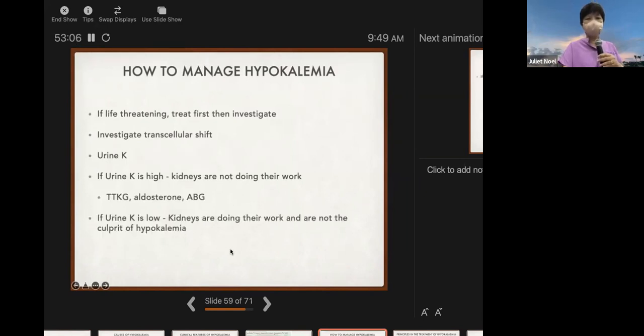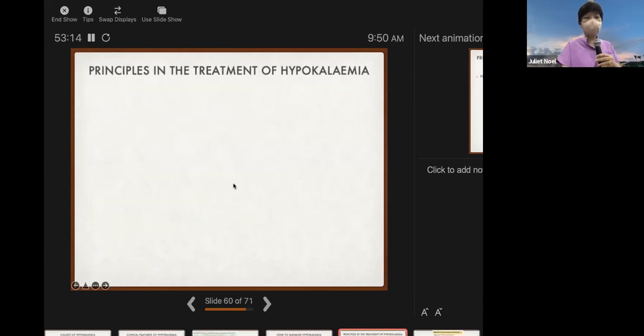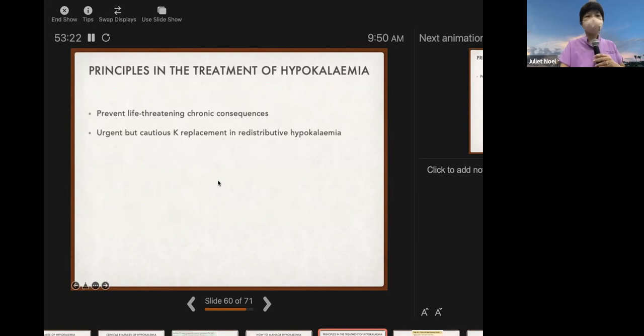If urine potassium is low, the kidney is working, so it's not the cause. You also prevent life-threatening chronic consequences. So urgent but cautious potassium replacement in redistributive hypokalemia, because once you have corrected the redistributive problem, if you gave aggressive replacement, what would happen?